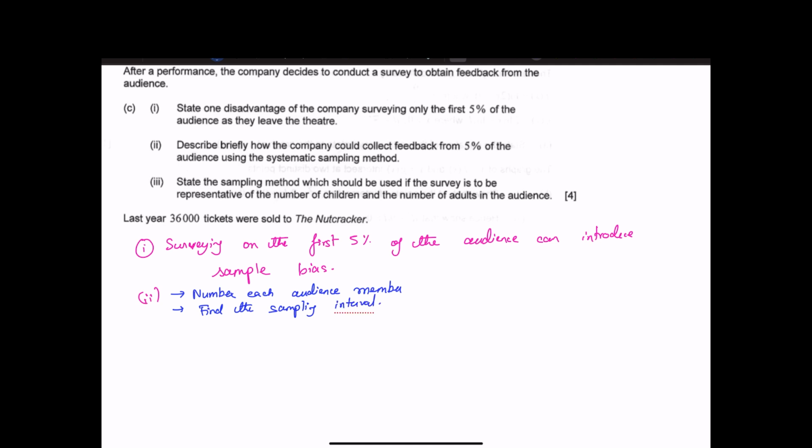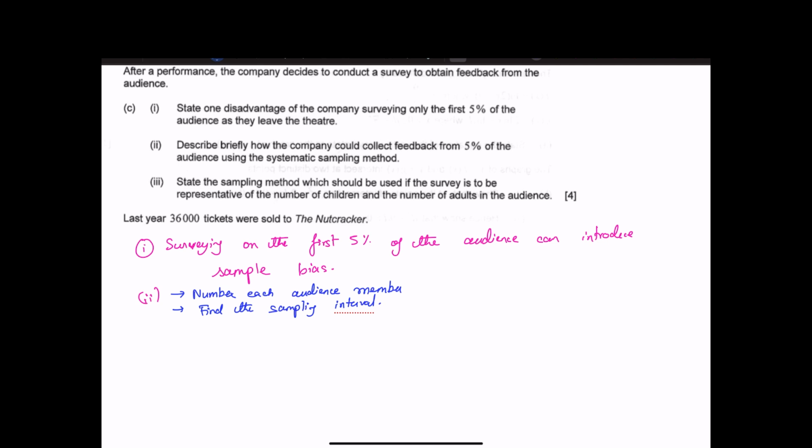How would I find the sampling interval? Let's say you have 1,000 people watching the concert, right? And I need 5% surveys. 5% of 1,000 will be 50, so I need 50 surveys. So I'll divide the 1,000 population by 50. So I'll get the sampling interval of 20.